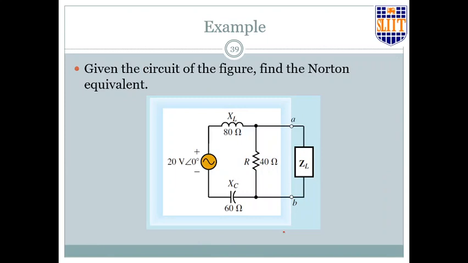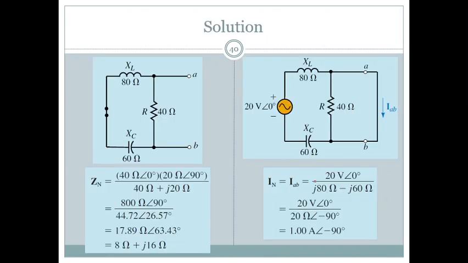You first remove the load, right? Once you remove the load and then remove the sources, it's the same circuit that we are having. It's the same impedance therefore, and for the current you create a short here and try to find the current here. So it is actually the current through these two impedances. So it's 20 divided by j80 minus j60, right?